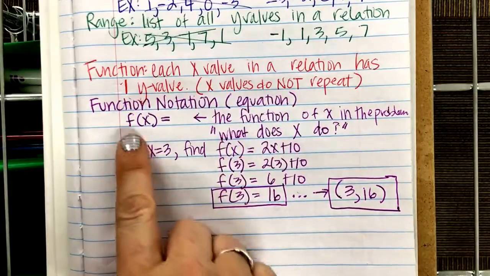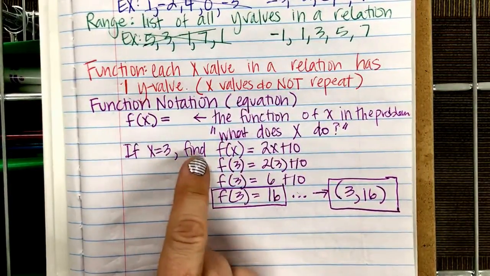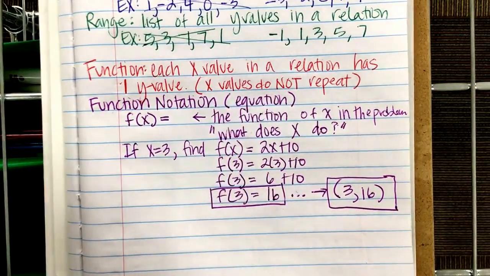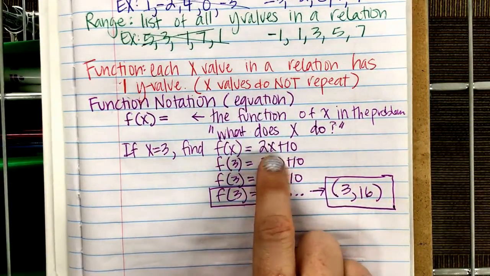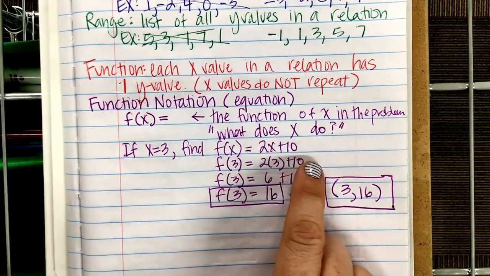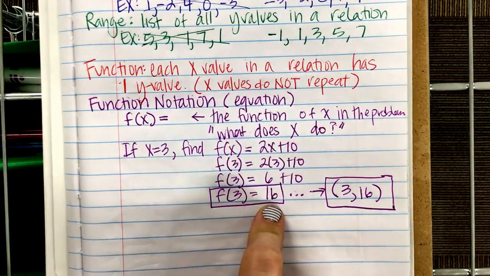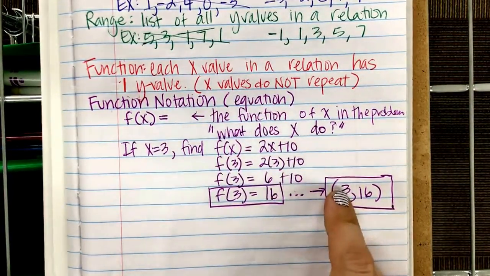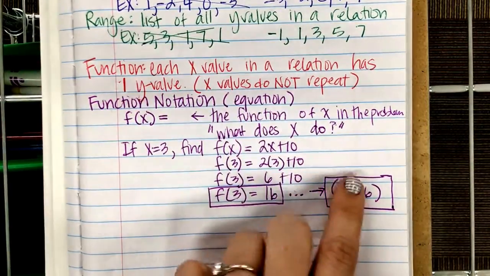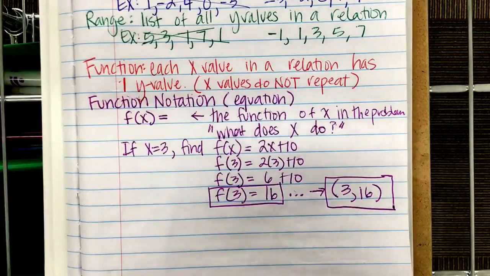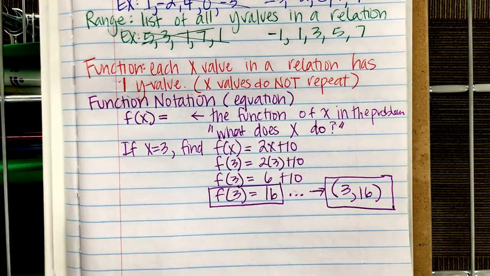So if it says, if your x value is 3, find the function of x. What happens when x is put into the problem? Well, x is put into the problem, 2 times 3 plus 10. The answer is 16. So my ordered pair answer, when x is 3, the answer is 16. Function notation is just about substituting.